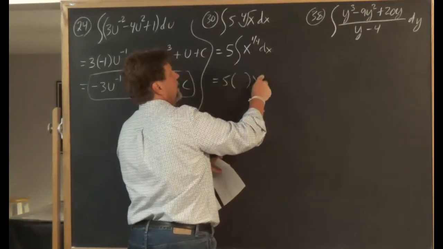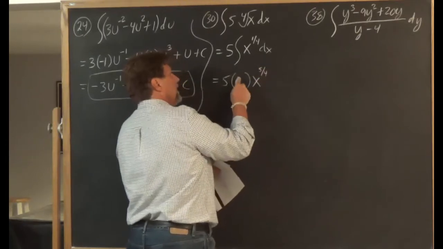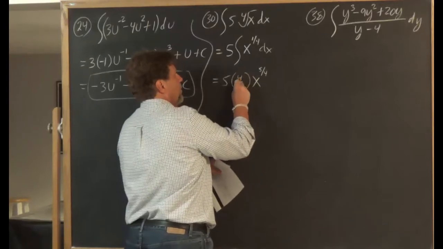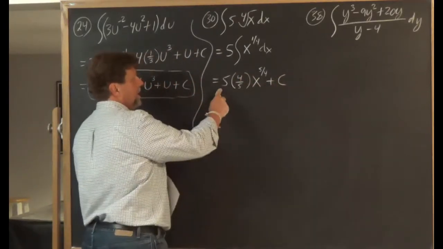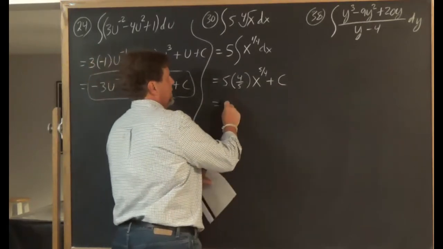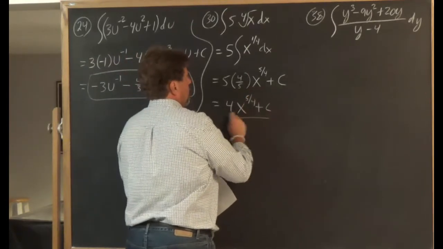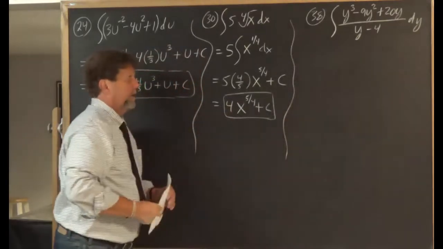I add 1 to the exponent, so 1/4 plus 1 is 5/4. In here I put the reciprocal of the new exponent, so that's a 4/5. Don't forget the plus c. And then I clean this up. 5 times 4/5. Well, 5 times 4/5 is 4. And that's it for number 30.